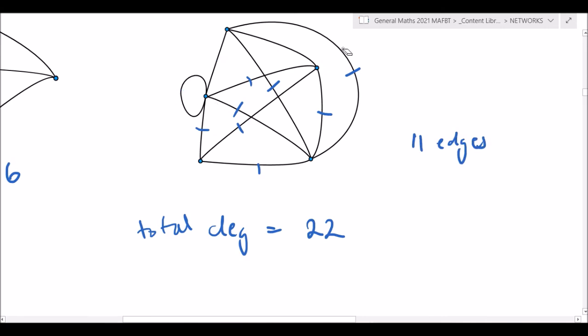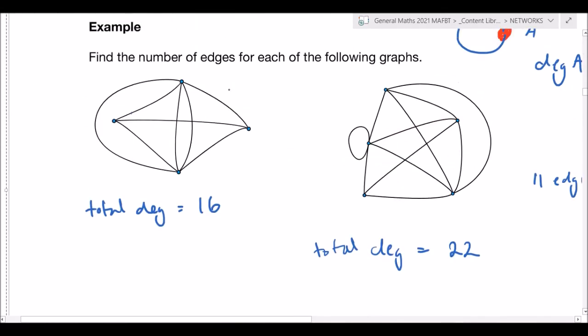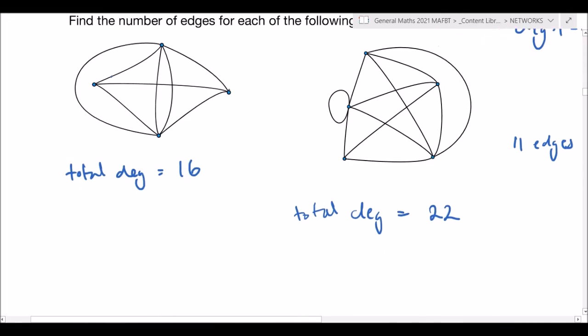I'll double count that just to make sure I didn't miss anything: 1 through 11. I think it's 11. I think that's the trickiest part with networks: sometimes people miss lines, edges and vertices. You just have to make sure you count them properly.